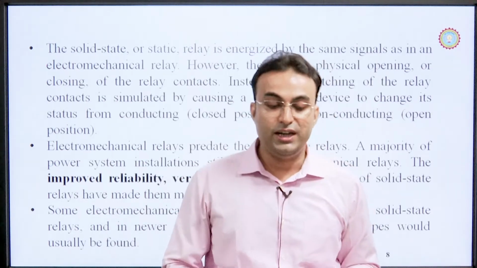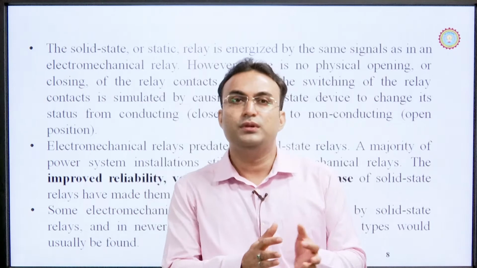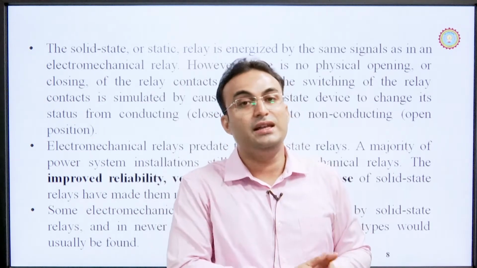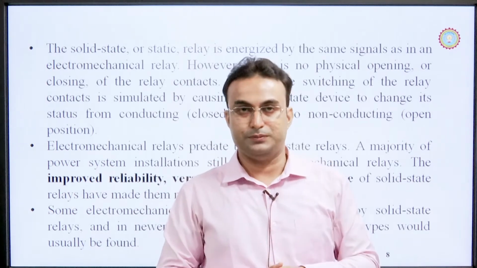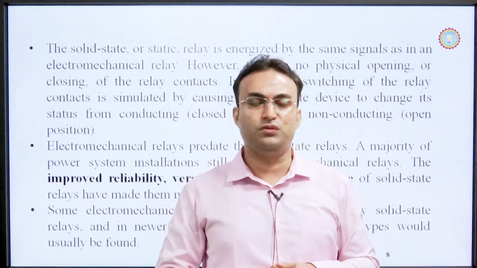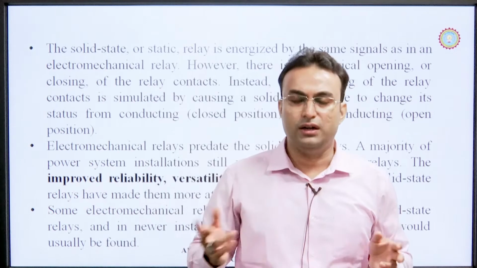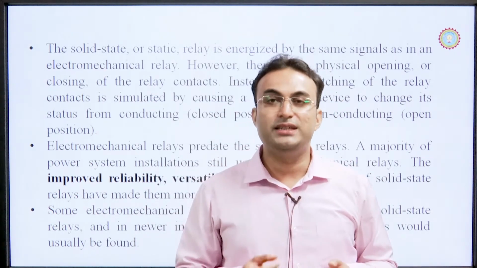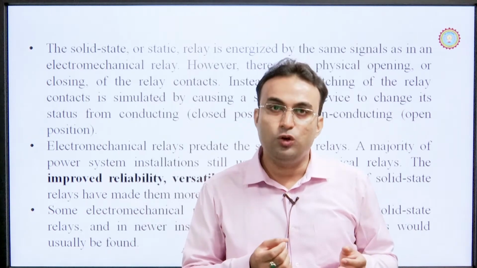Now, for the solid state or static relays, we have some classification. One is electromechanical relays and another is solid state relays. Further, we also have pneumatic or digital relays. The solid state or static relay is energized by the same signal as in an electromechanical relay.